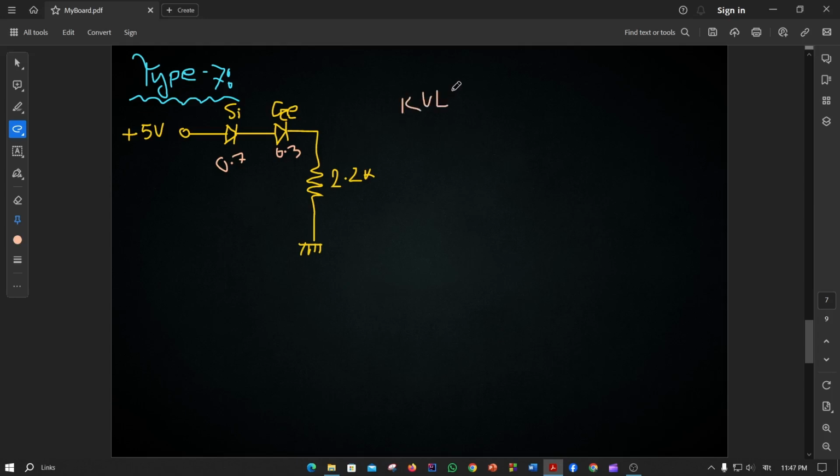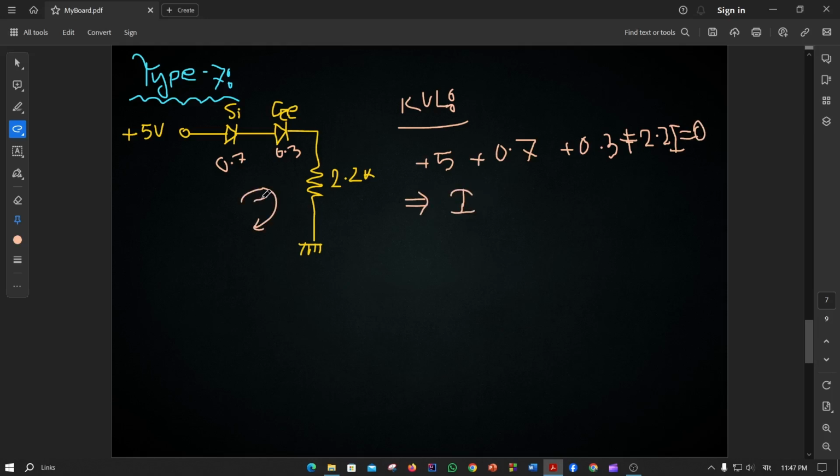After applying KVL, the equation will be like this: plus 5 plus 0.7 plus 0.3 plus 2.2I equal to 0. So after solving for I, we will get I value as minus 2.72 milliampere.